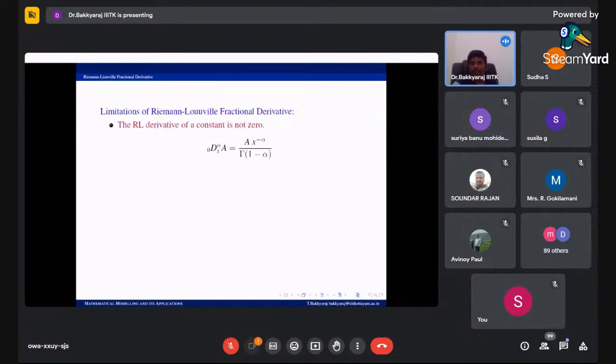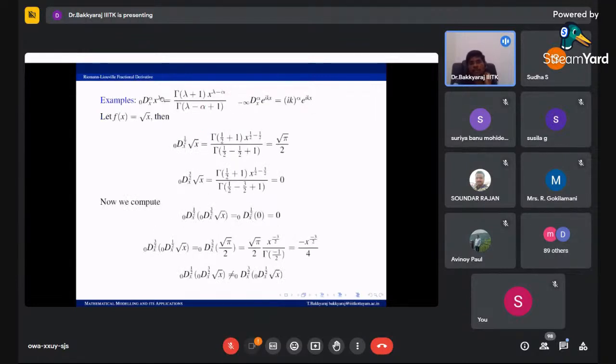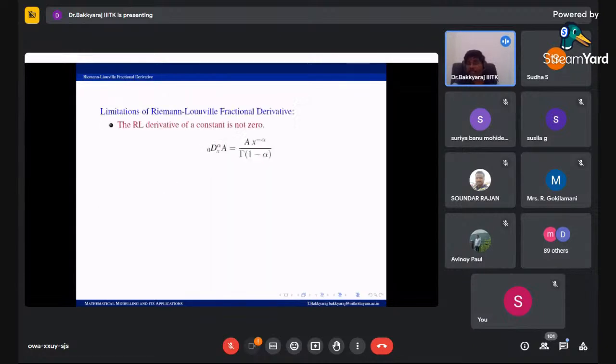For example, the fractional derivative of a constant is not 0 for the Riemann-Liouville fractional derivative. If you take lambda equal to 0, then it becomes 1, and if you substitute lambda equal to 0, you won't get 0. You will get x to the power minus alpha by gamma of 1 minus alpha. It is not 0. So this is a limitation of the Riemann-Liouville fractional derivative.